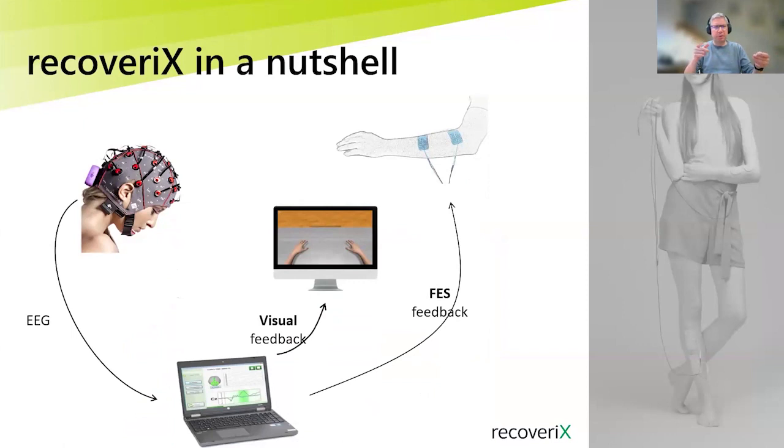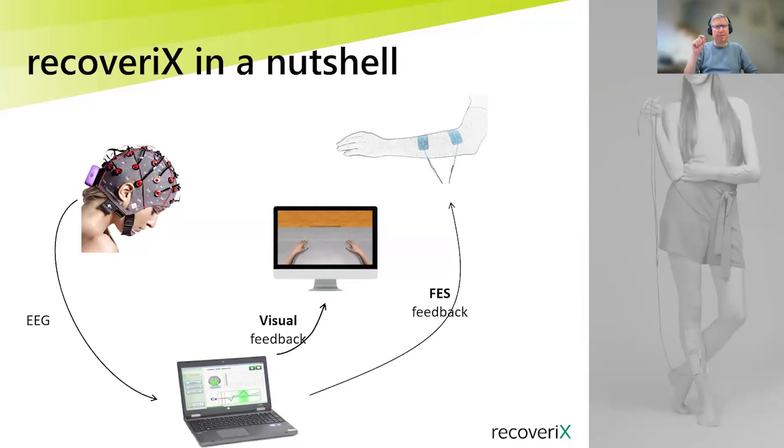In this case, it would be the rehabilitation of the upper extremities, so you see both hands of the patient. And then we apply functional electric stimulation on the hands over the muscle that should be stimulated, so either here or on the leg, if it is the rehabilitation for the legs. And they are doing the movement in parallel.